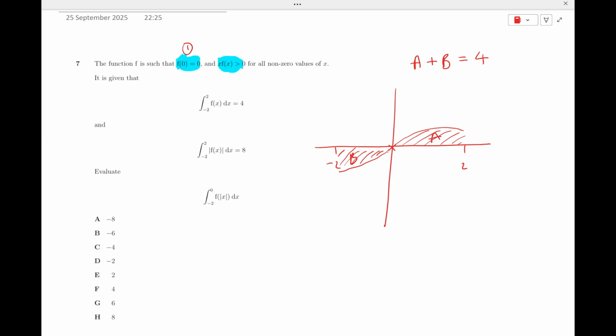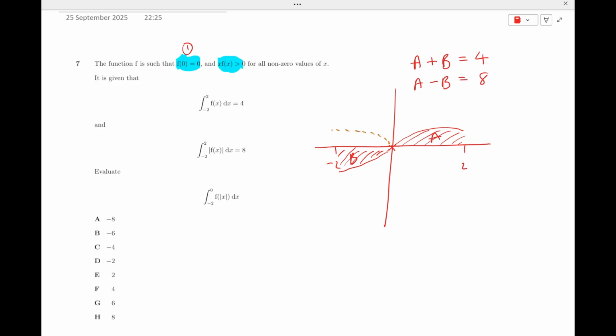And then similarly, if we think about the modulus of f of x, what that's going to do is create a reflection, because wherever f of x is negative, it's going to make it positive. So this is therefore going to be A, or negative B. And so we can very easily say that A minus B, or you could switch those signs around, it doesn't really matter, is 8.